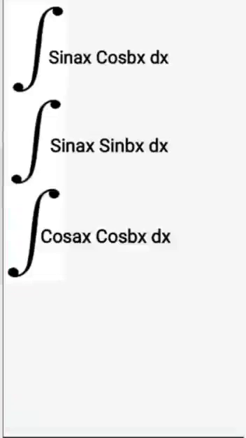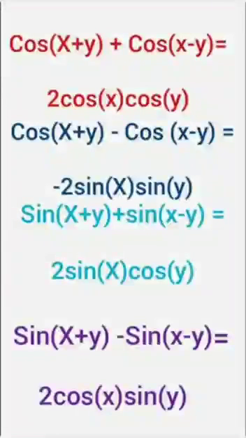To evaluate these integrals, we will multiply and divide each integrand by 2 so that we can use a suitable trigonometric identity from the set of these trigonometric identities. Now let us evaluate an integral using this technique.